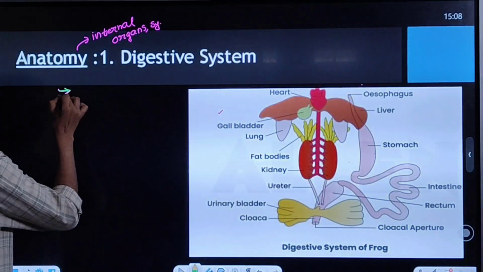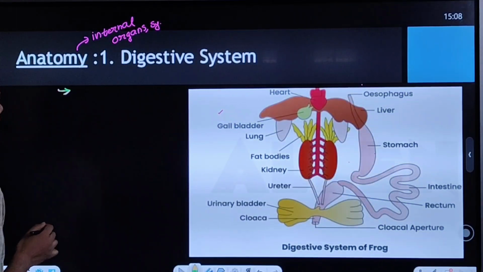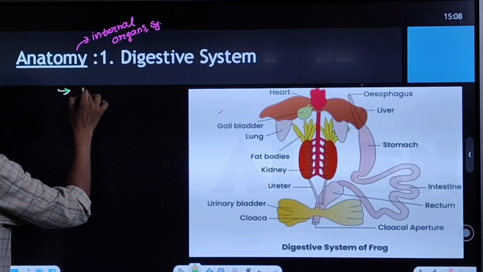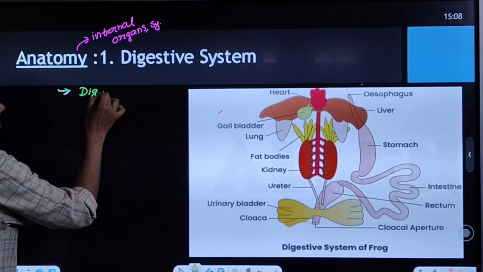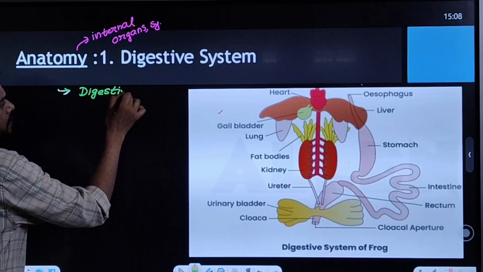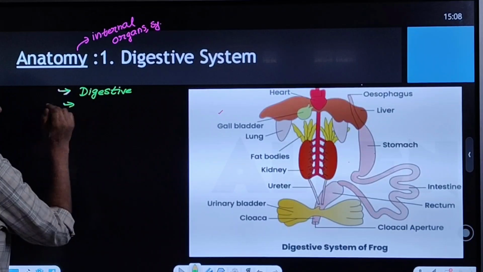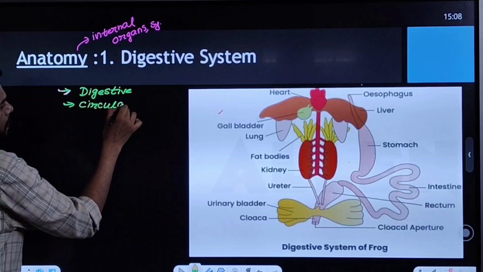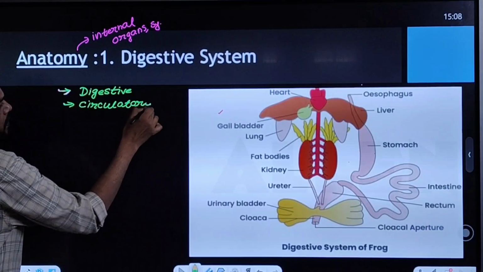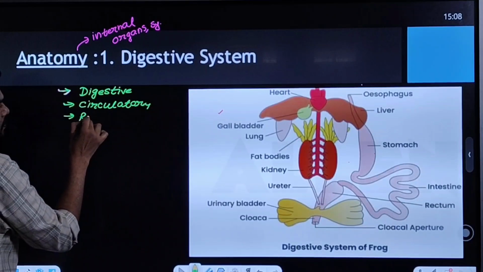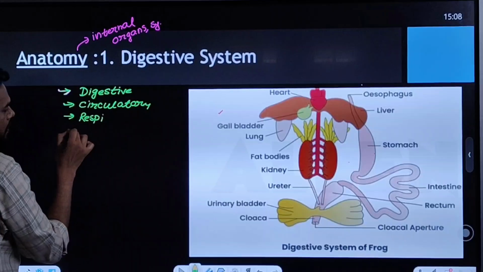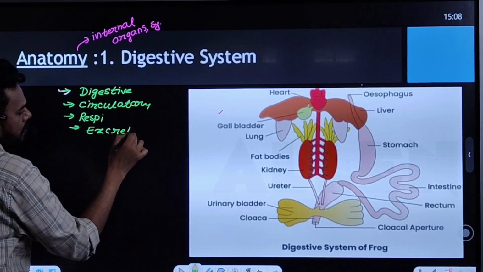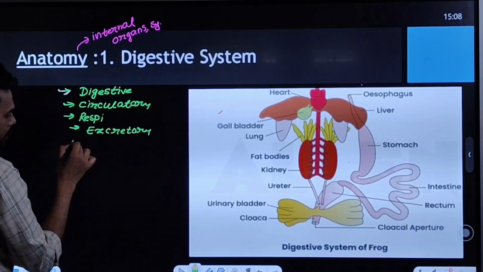For example, first of all, there is the digestive system, the circulatory system, respiratory system, excretory system, and neural system.